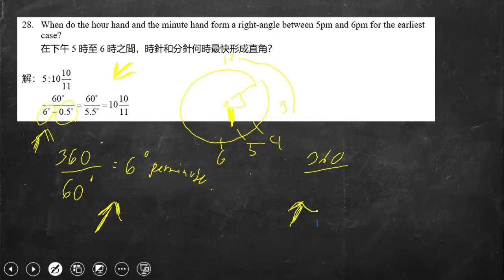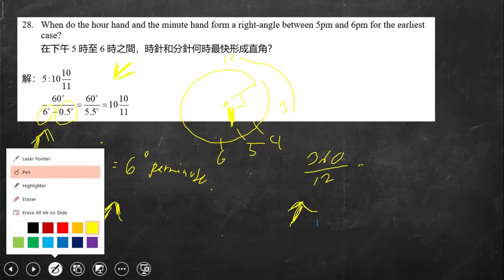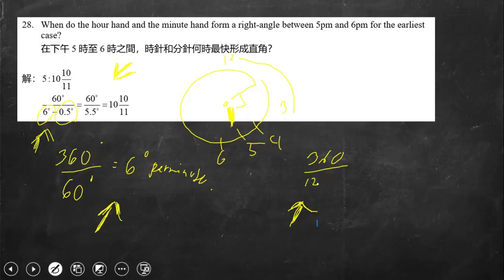So 360 divided by 12 hours. And then to write it better, we have 12 hours. It's just how many minutes in 12 hours? It's going to be times 60. So cancel, we have 6, and then cancel, we have 0.5.